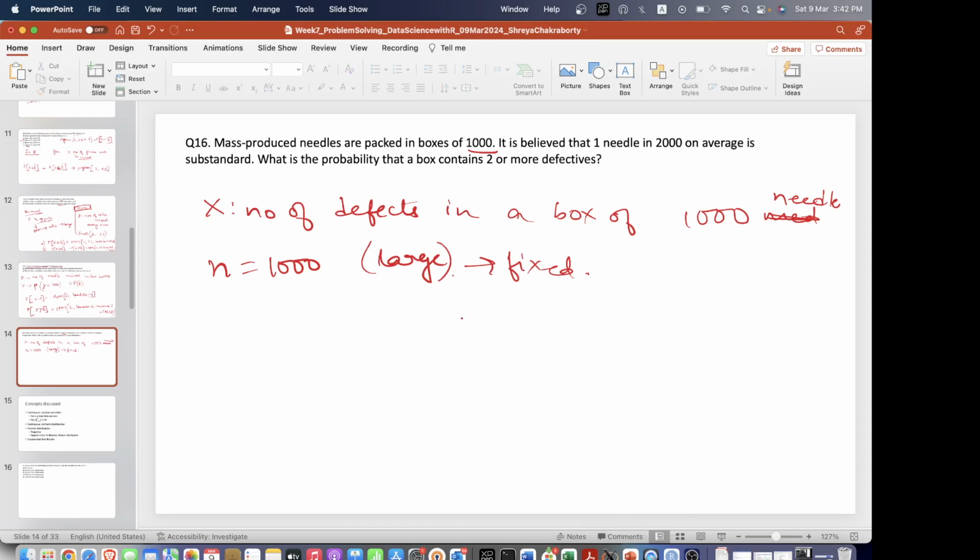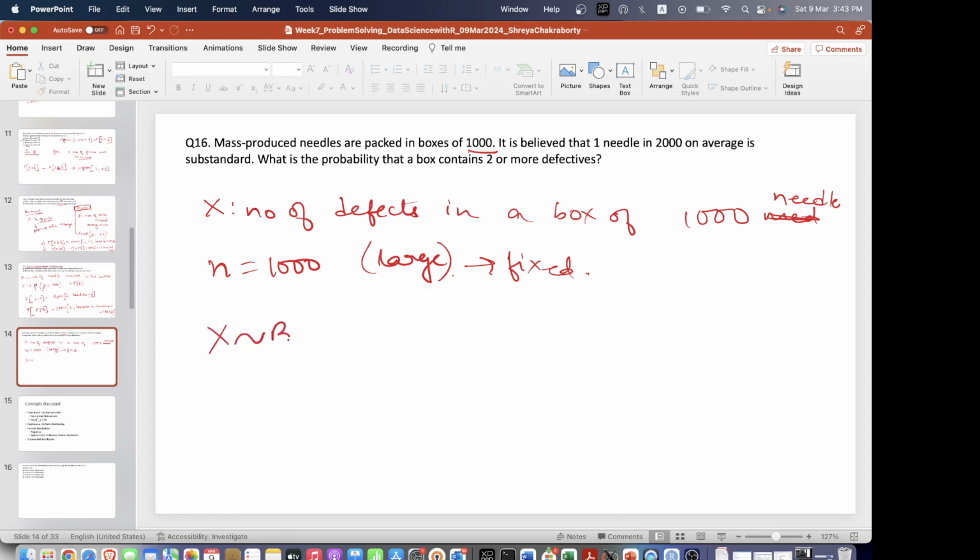So these are mass produced needles. Where was I? I am trying to look at the total number of defects in a box of 1000 needles. Identifying a defective item is my success event.